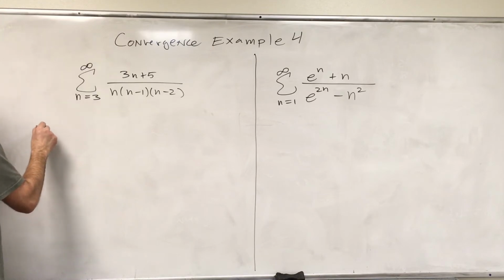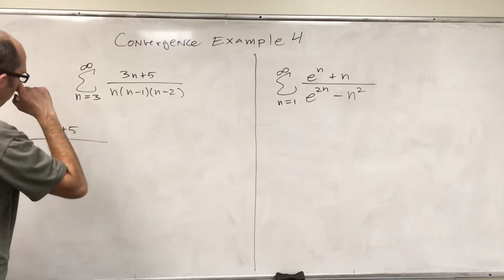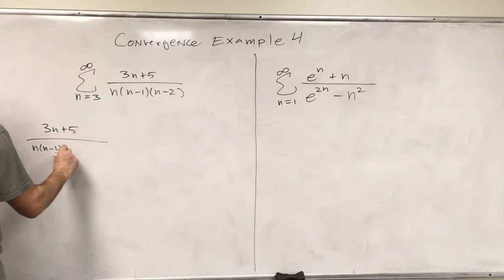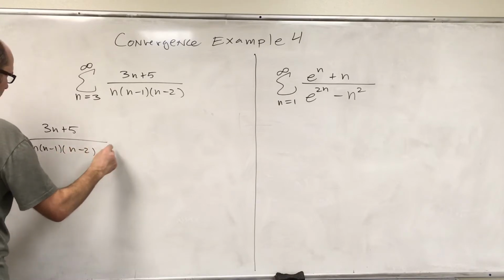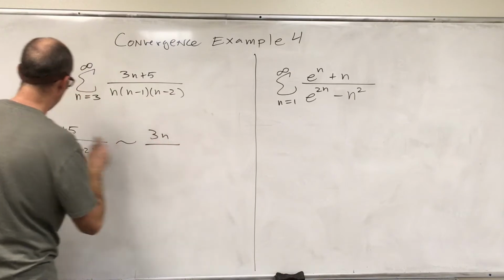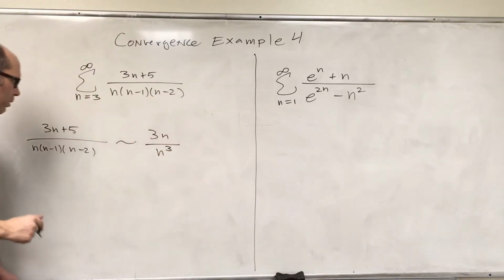Okay, so we got 3n plus 5. This is similar to 3n over n cubed.